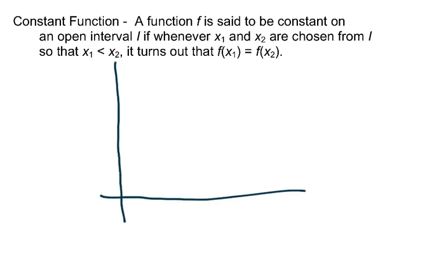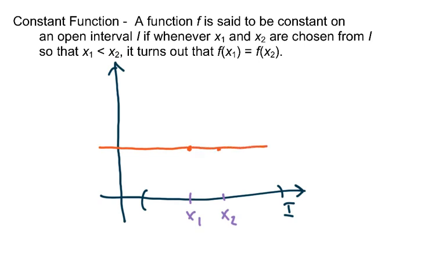Let's draw another graph, and let's pick another interval on the x-axis. Now here, what I want to happen is that no matter where I pick x1 and x2, with x1 to the left of x2, the function values are going to be the same. That means the y values are the same. There's really only one way that can happen. And the graph would have to, at least for that segment, be a horizontal line.